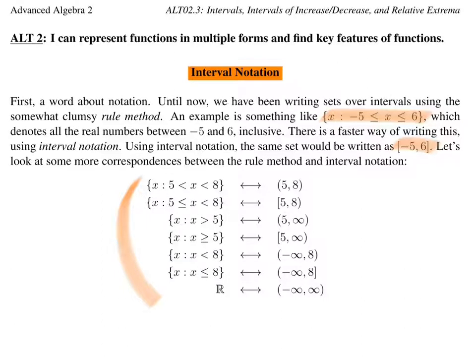And then the next 4 are all the different kinds of inequalities that aren't in a sandwich. So like a greater than, and a greater than or equal to, and a less than or equal to. And the bottom one is my favorite. It's R. And that's just negative infinity to infinity.